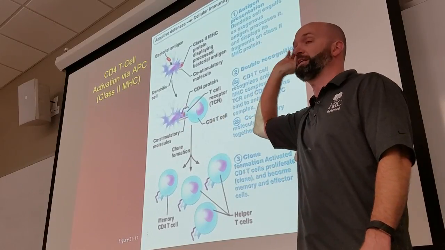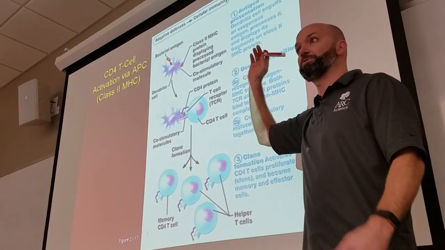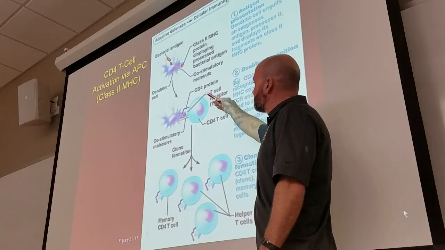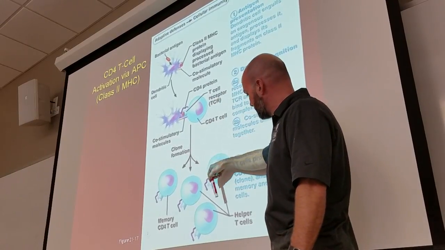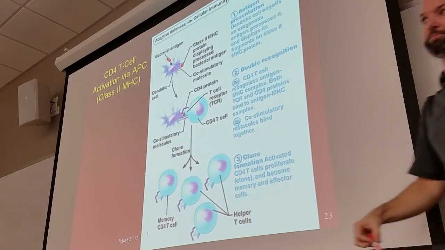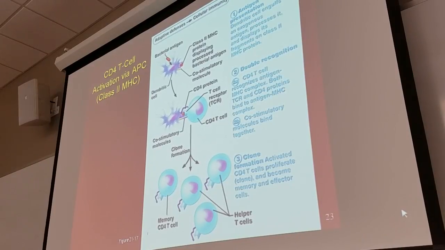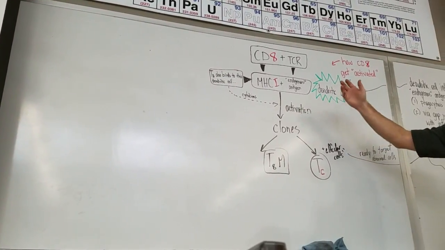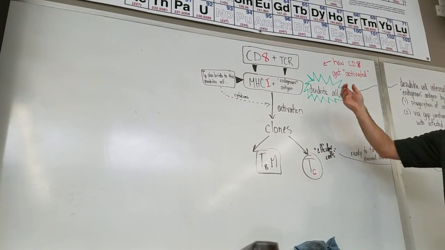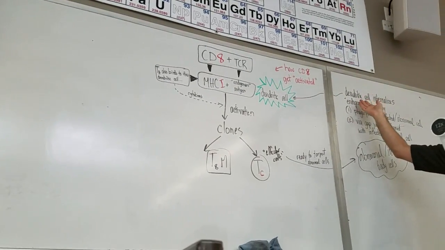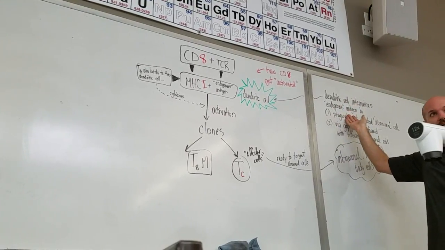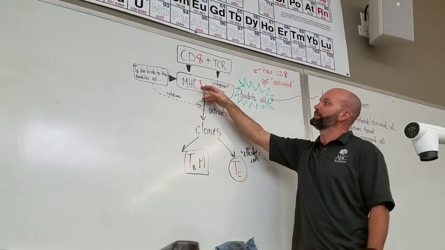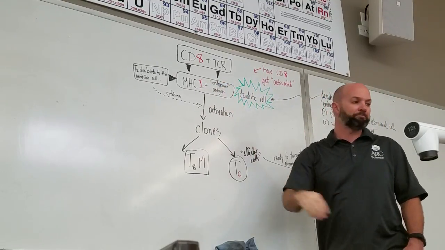What we're worried about is making the cytotoxic. That's when we do double checking. Okay, so we've activated our CD4. Get your clones. Some of them become helper. Now you have a helper that can be used to activate CD8. Right, so the same dendritic cell or a different dendritic cell, which has the endogenous antigen through phagocytosis or gap junctions, is displaying it in both its class 1 and class 2 MHC.